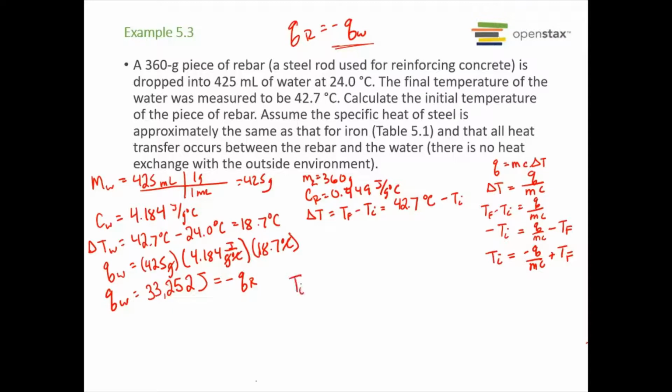So, plugging and chugging, from our formula for T initial, negative 33,252 joules, divided by the mass, 360 grams, times specific heat, 0.449 joules per gram degree Celsius, plus final temperature, 42.7 degrees Celsius.